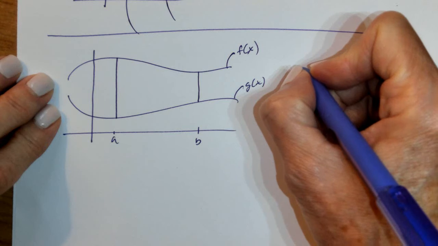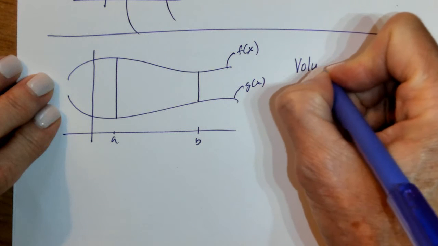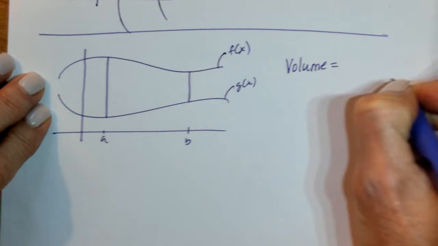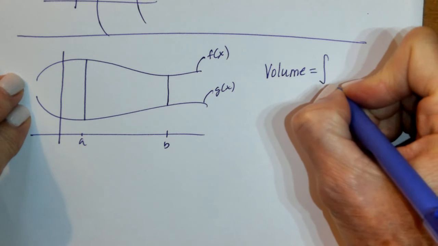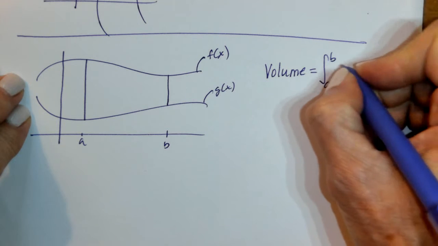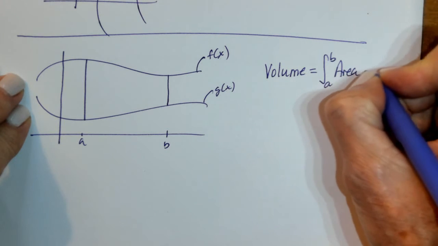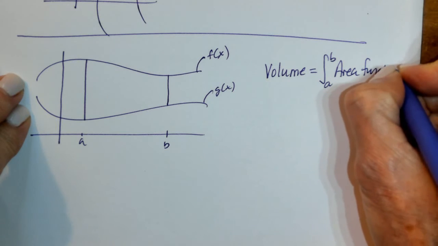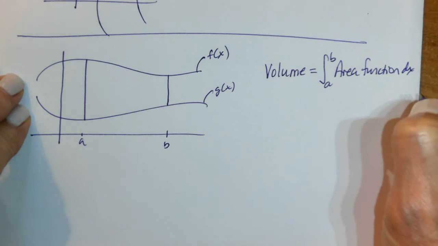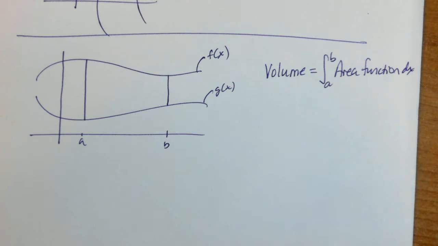Our most basic formula for volume that you really do need to know: volume is equal to the integral from a to b of the area function, dx or dy, it doesn't matter.